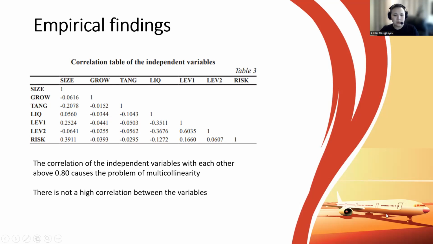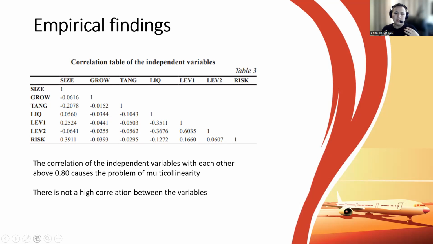The first one is the issue of multicollinearity, which means the independent variables are highly correlated with each other, which is not acceptable because the word independent means that these variables are independent from each other.